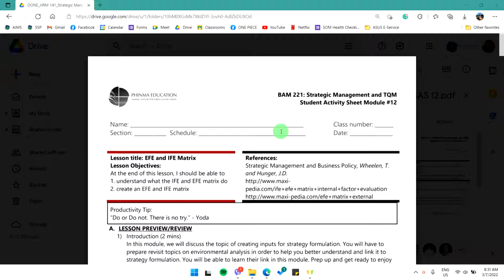Tapos na tayo sa pag-identify ng opportunities and threats, diba?